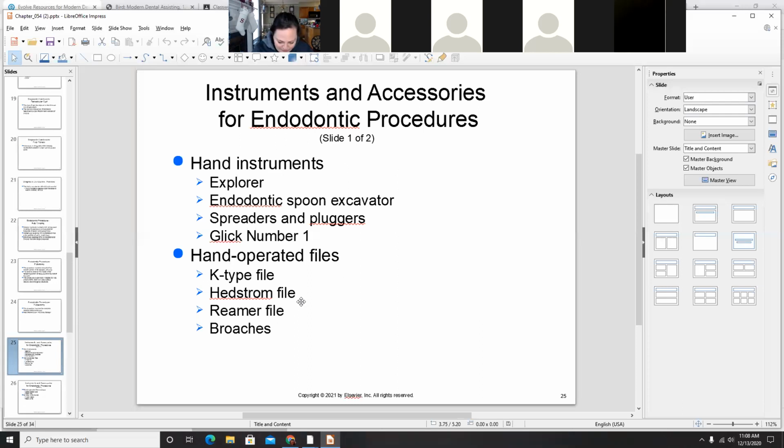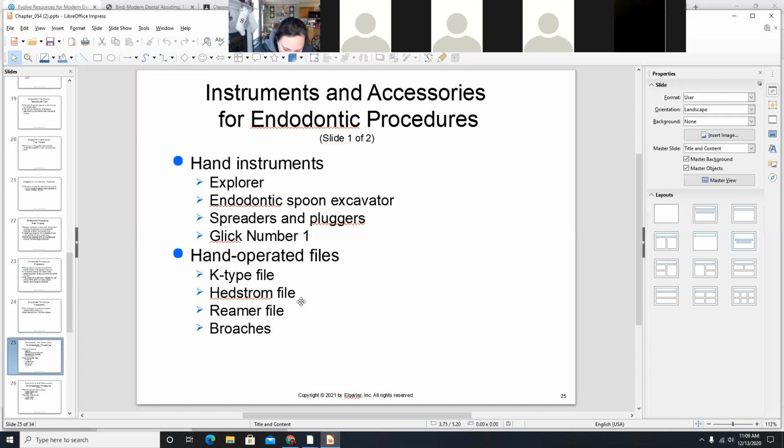We have Hedstrom files, which are just a different type of file. If you look again on page 905 or whatever page you have, there's 3 types of files that they use. Well, 4 actually. So they use K-type, Hedstrom, Reamer, and then brooches.